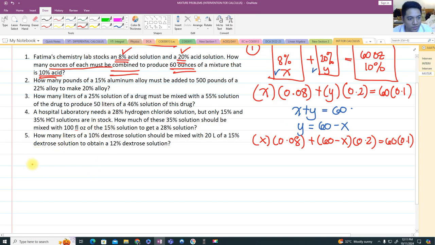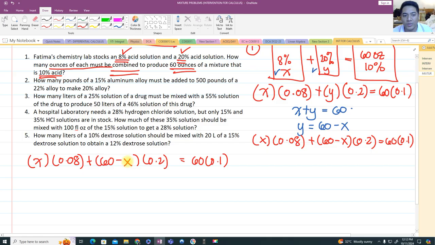To make this easier to solve, we're going to multiply the whole equation by 100. So we have x times 0.08 plus 60 minus x times 0.2 equals 60 times 0.1, and 60 times 0.1 is actually 6.